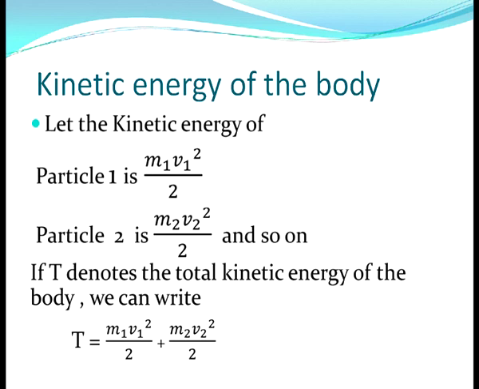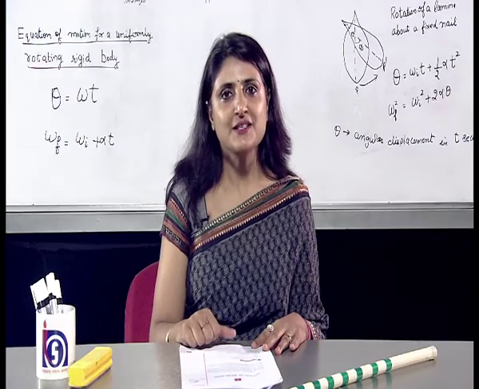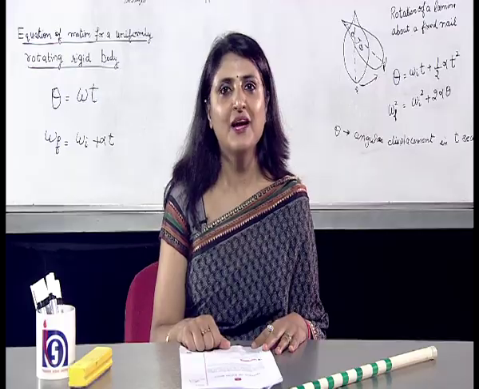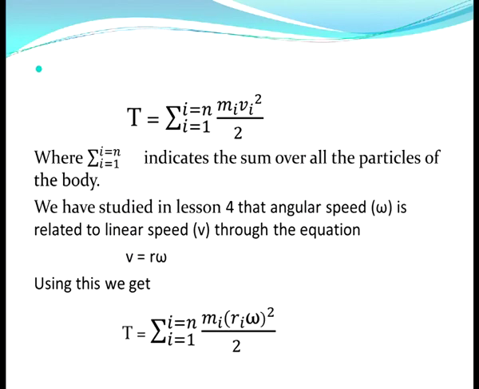If T denotes the total kinetic energy of the body, then T is equal to m1 v1 square by 2 plus m2 v2 square by 2, which is equal to summation mi vi square by 2, where i goes from 1 to n particles. This summation indicates the sum over all the particles of the body.